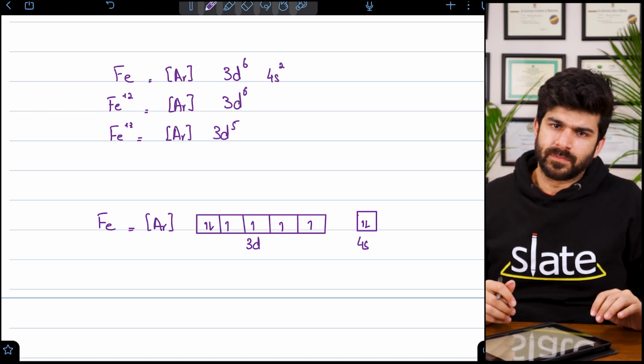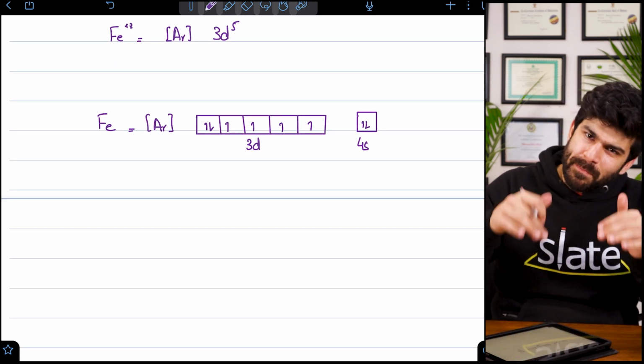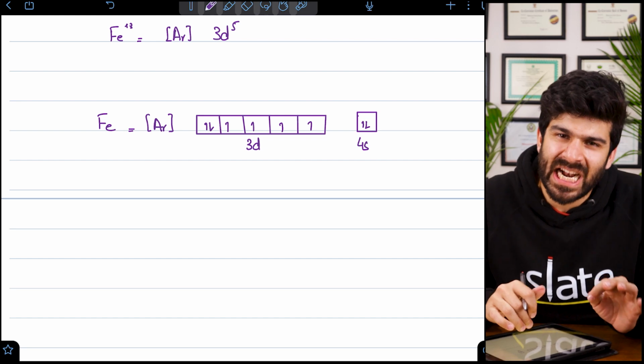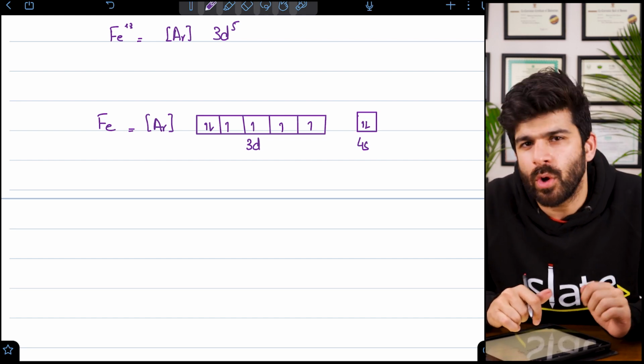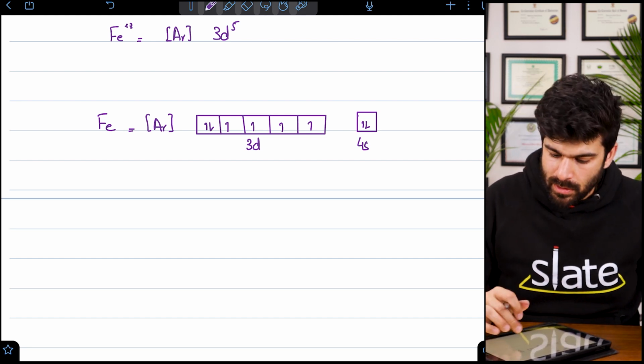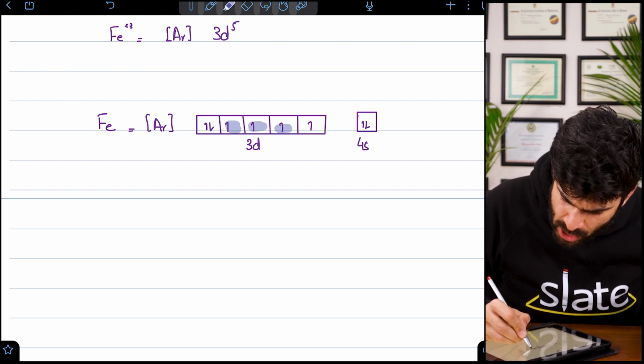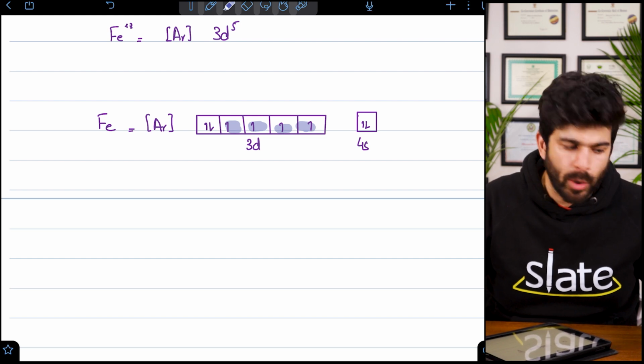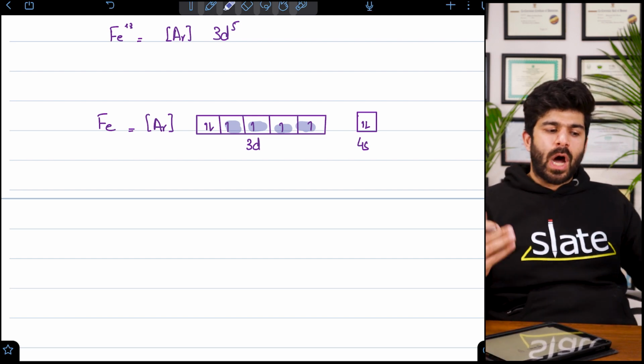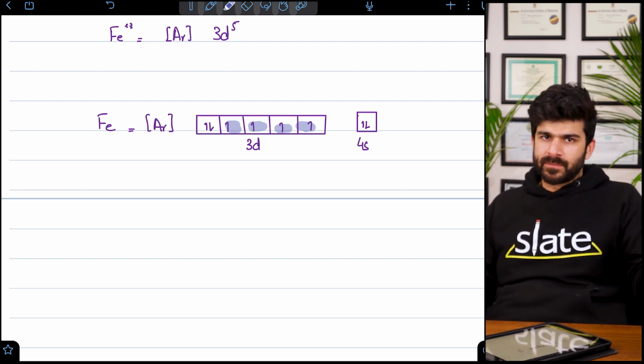So that's what it is. Now, can this make 6 bonds, and that too 6 dative covalent bonds? I don't think so. It's not possible, because these ones will only accept 1 electron. They cannot make dative covalent bonds. So how can we make dative covalent bonds out of it?